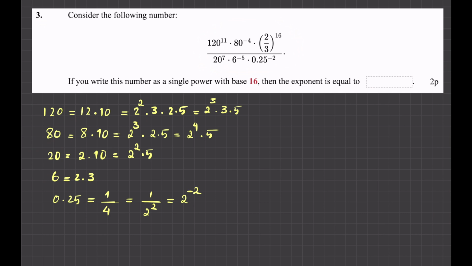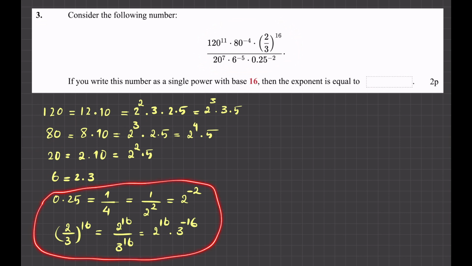And for the last one, 2 over 3 to the power of 16, what can I do? I can write 2 to the power of 16 divided by 3 to the power of 16, but let me bring 3 to the power 16 up. The price that I have to pay is to make it negative. Make sure that all these calculations that I made here are reasonable for you. You understand that. Otherwise, please let me know so that I can help you with them.